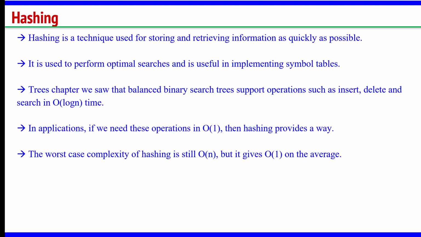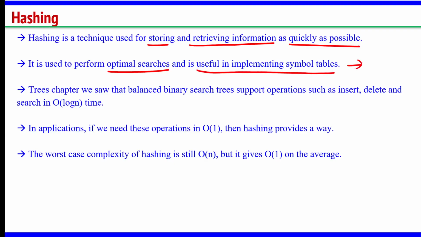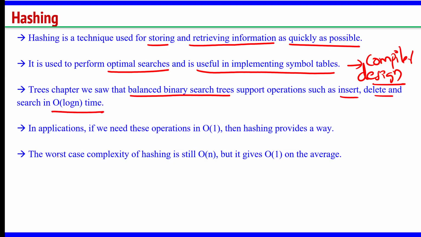Hashing is a technique used for storing and retrieving information as quickly as possible. It is used to perform optimal searches and is useful in implementing symbol tables in compiler design, which you will be studying in future. In the trees chapter we saw that a balanced binary search tree supports operations such as insert, delete and search in order of log n time.